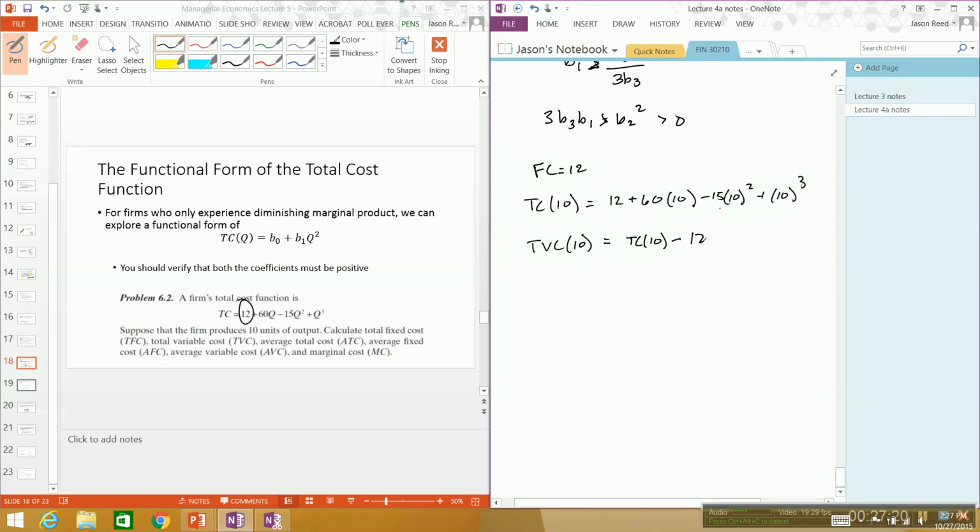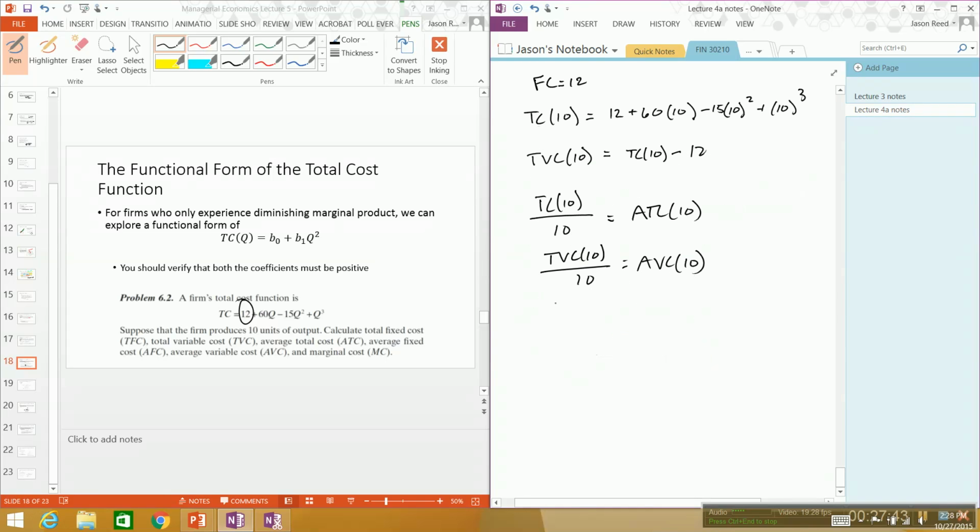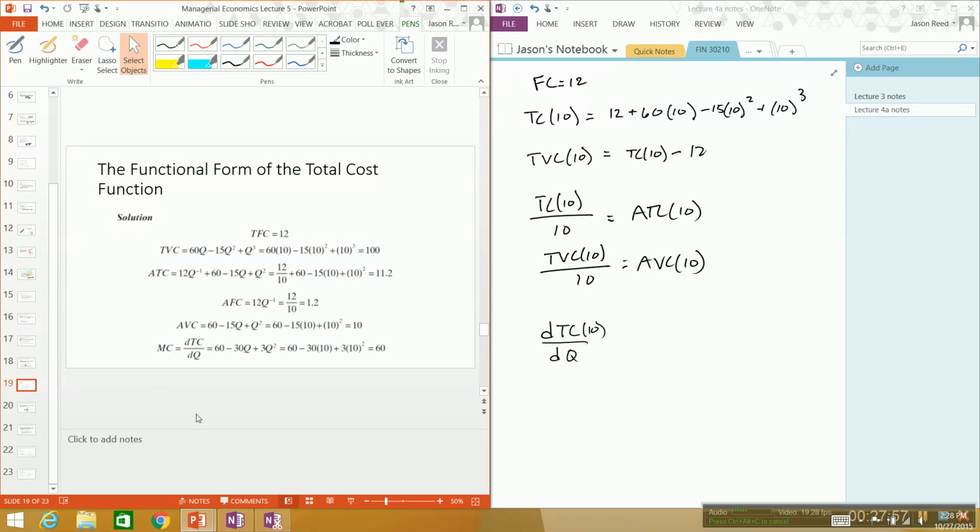And that'll get us our total variable cost. The way that we're going to get the averages is then take our total cost at 10 units, divide it through by 10. That's our quantity. Then we can get the total variable cost at 10 units, divide it through by 10. So this is average total cost at 10 units. This is average variable cost at 10 units. And the way we could do our marginal cost at 10 units is that we need the first derivative at 10 given dq. Okay, and so this will give us all the information that we need, and we can solve down through here to get the solution.